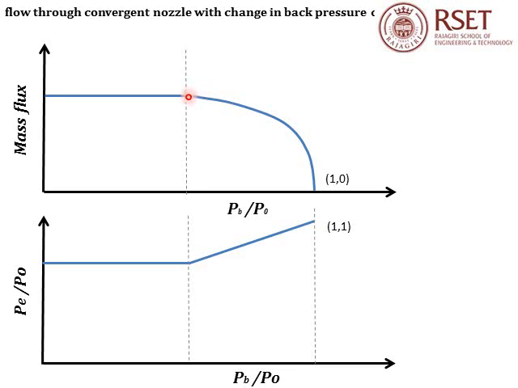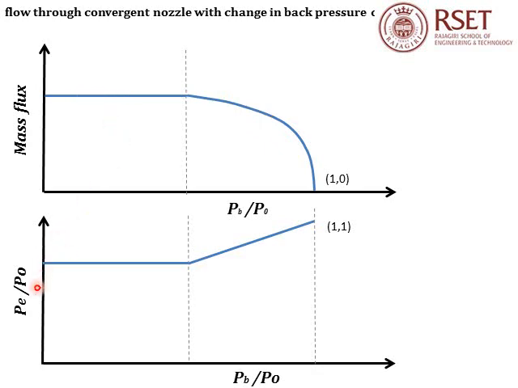At this point, Mach number is equal to 1 at the exit plane and at this point we have Pe by P star. Further reduction in back pressure doesn't change the value of mass flux because the nozzle has choked and the value has reached maximum value. So it remains to be a straight line. So this is the curve that shows how the back pressure affects the mass flux through the converging nozzle.